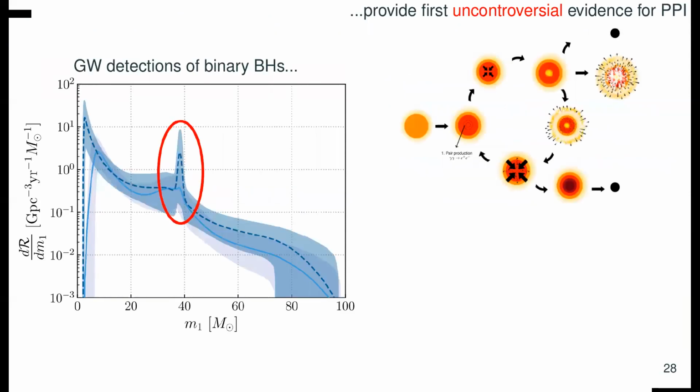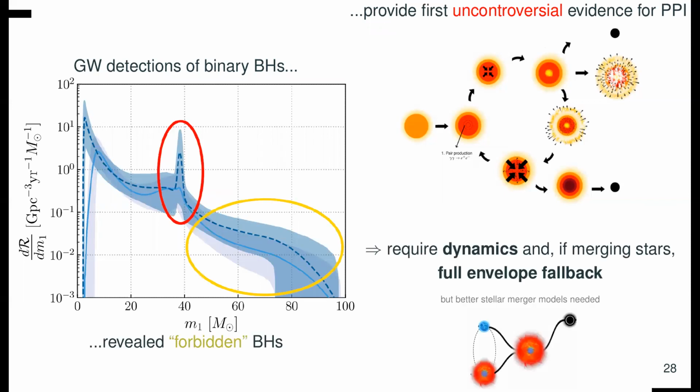And so I think I'm probably running out of time, if I'm not over it already. So I hope that in this talk, I convinced you that from the shape of the black hole mass distribution that we're finding through gravitational waves, we're getting the first solid, non-controversial evidence for pulsational pair instability in nature, and that for the tail of black holes that should be forbidden according to this process, it's not clear what the explanation is yet, but most likely it will require dynamical interactions.